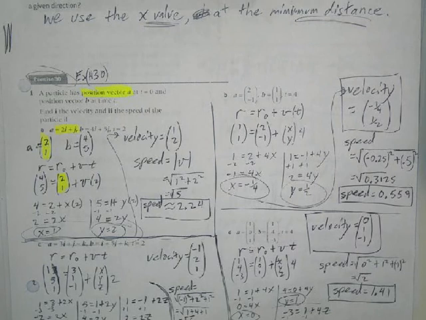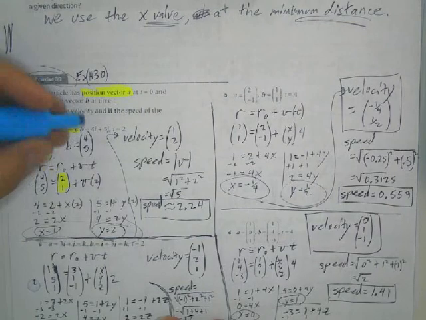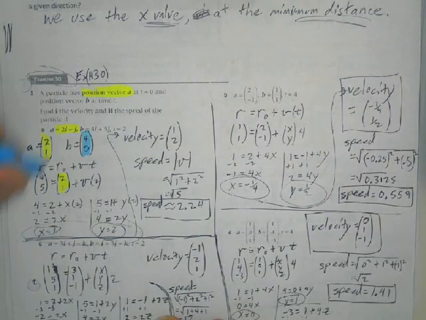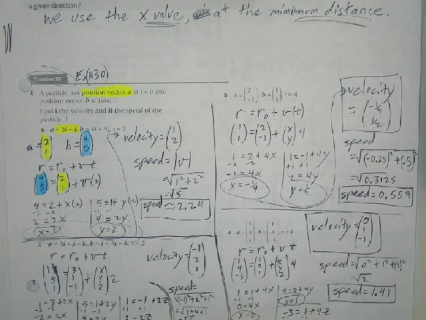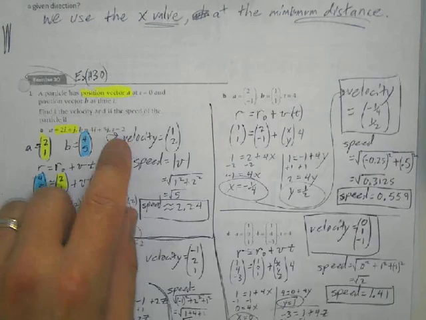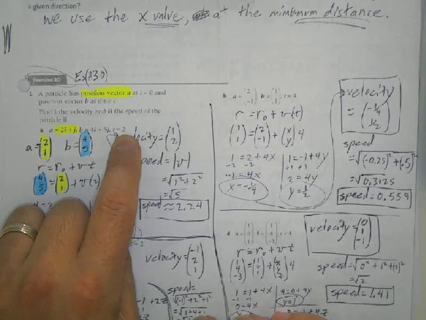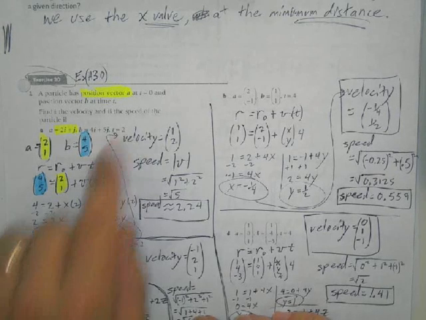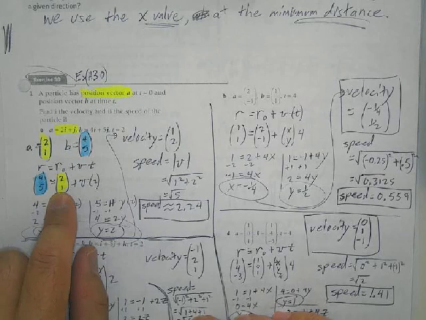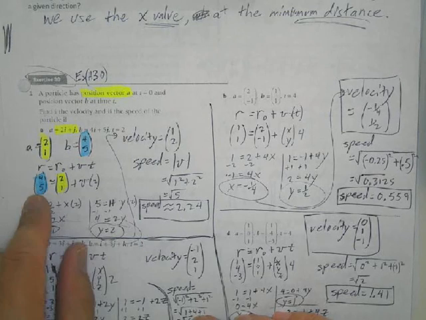B is another point later, right? They told you after time is 2. So if the time is 2, I'm plugging in 2 for the time. My initial position is this, B is this. Now we can calculate the velocity.